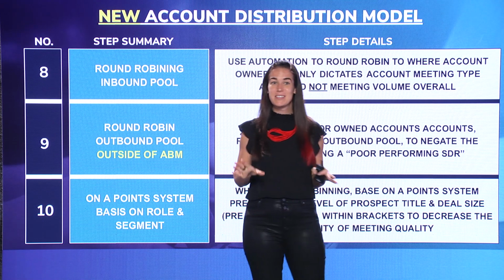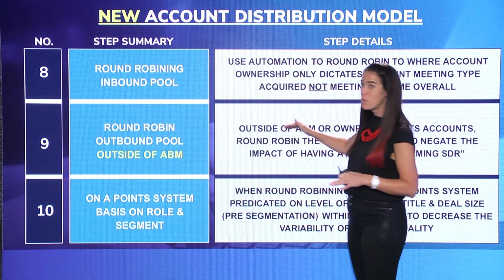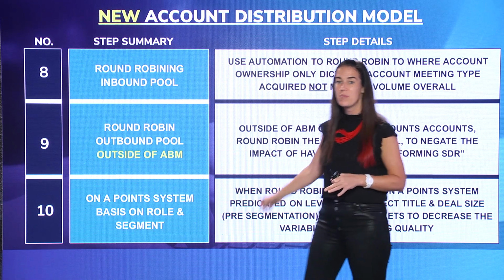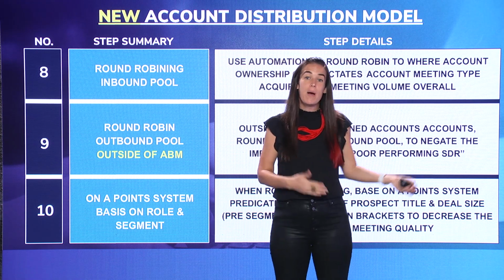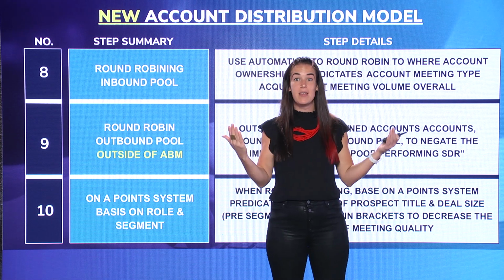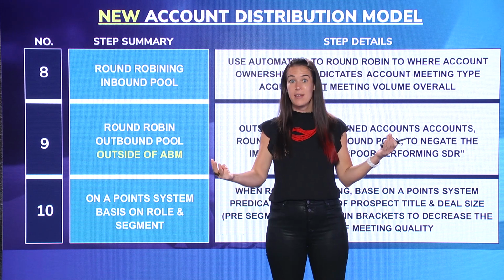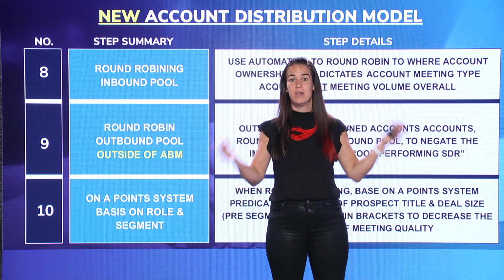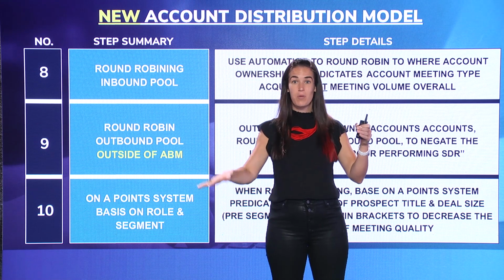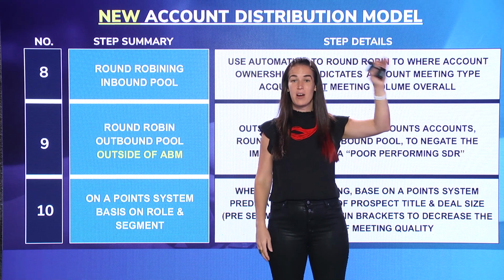So it might seem a little extensive. I understand if you stop at 0.9, but this has really helped me understand, okay, maybe rep 1 got a great meeting with the vice president at an enterprise, and for rep number 2, I want to equal that out by giving them 3 frontline managers at SMB. So net, they're equal. Higher volume, lower quality, lower volume, higher quality.